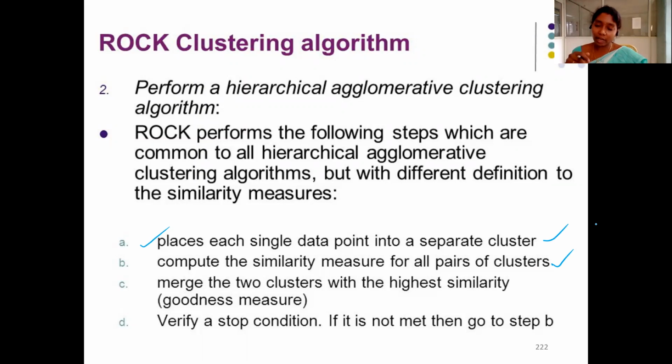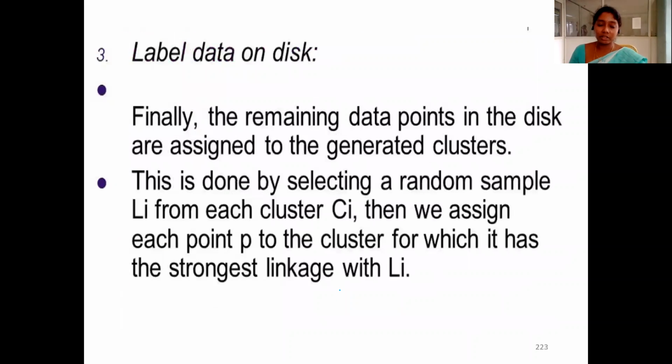After that, we need to calculate the neighbors, and then the links among the points or clusters. Based on the links only, we can merge the clusters. So the similarity measure includes all these things. Merge the two clusters with the highest similarity, that is, based on the goodness measure. Then verify a stop condition, and repeat the process until the stop condition is reached.